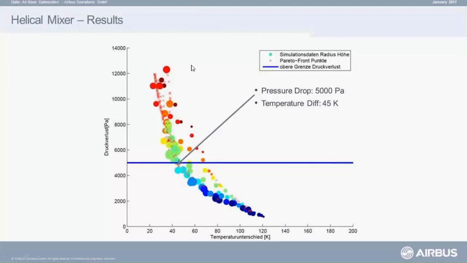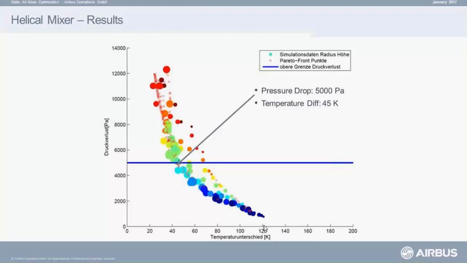And as you can see, when you do a number of simulations, you get this so-called Pareto front. So you can see that you have a classical optimization problem here.